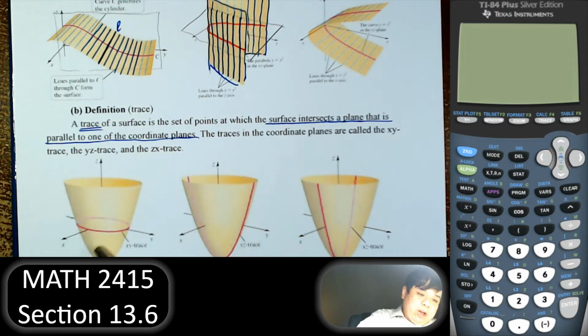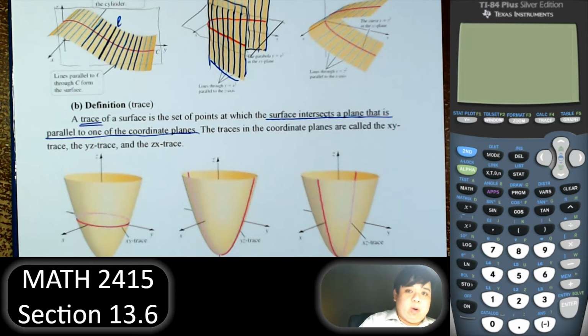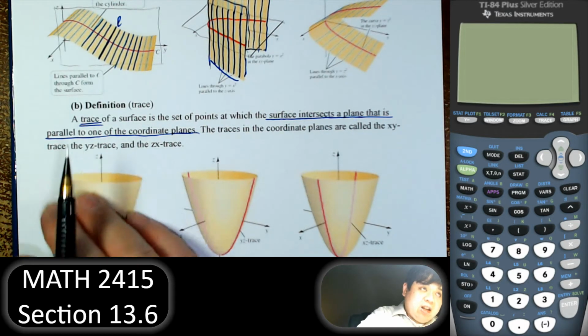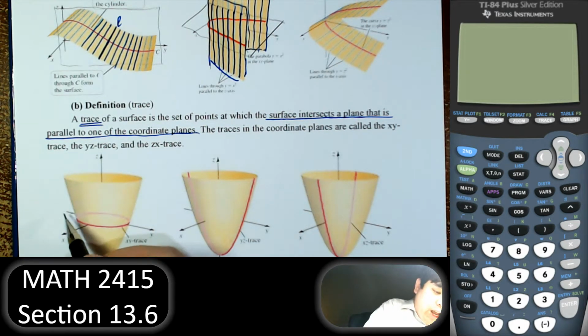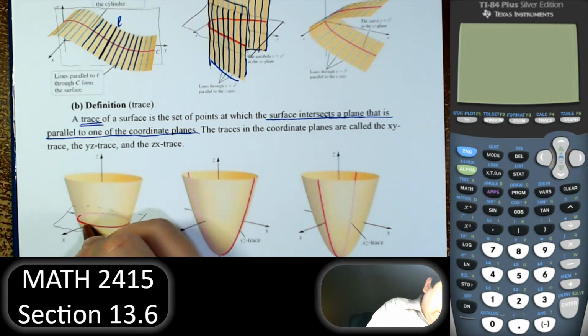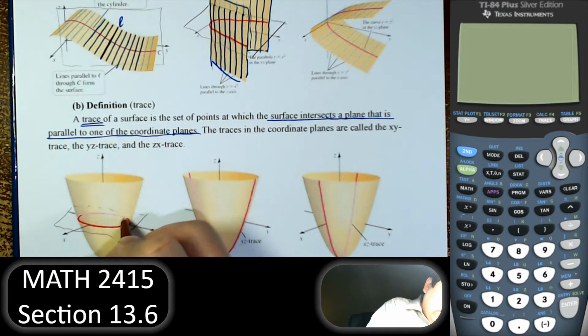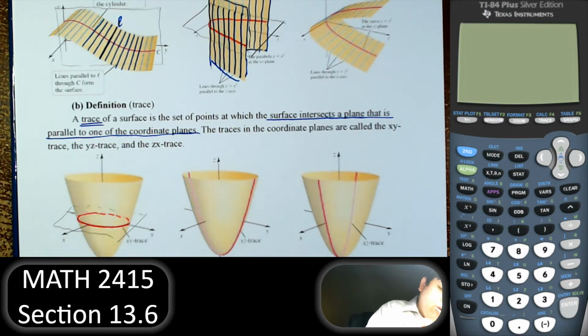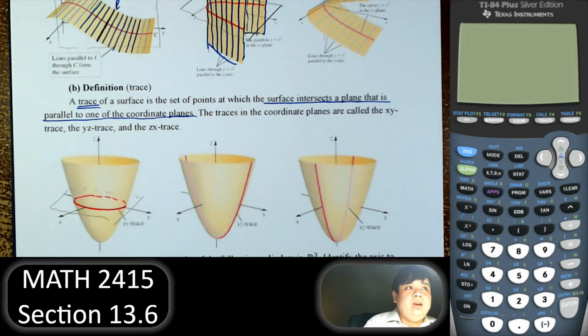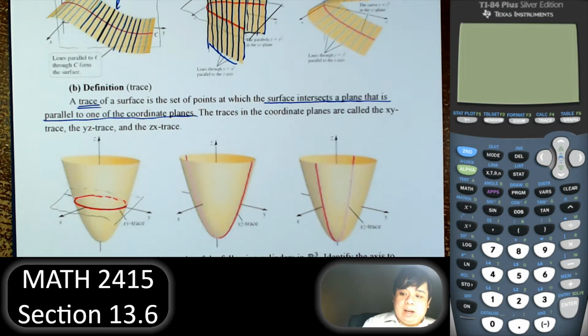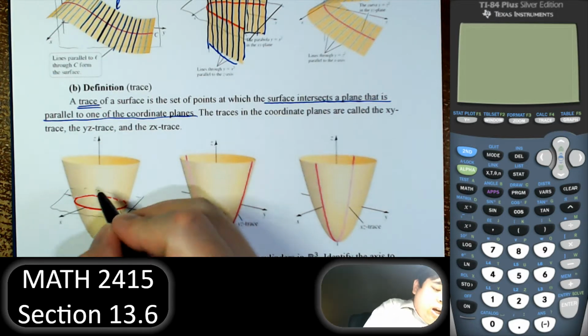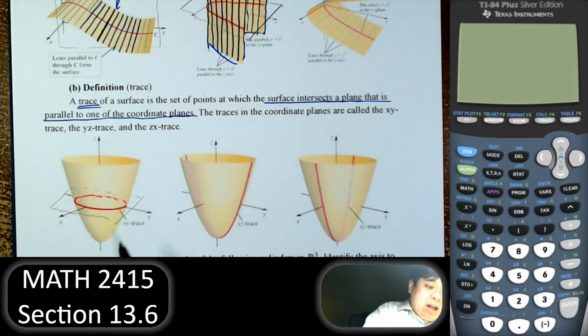So for example, here we have a paraboloid, that surface. Now on the XY plane, we have the trace of an ellipse or circle here, right? And we call that the XY trace because that is on the XY plane. The trace is not only defined on the coordinate planes; we can also define it on any plane parallel to it.